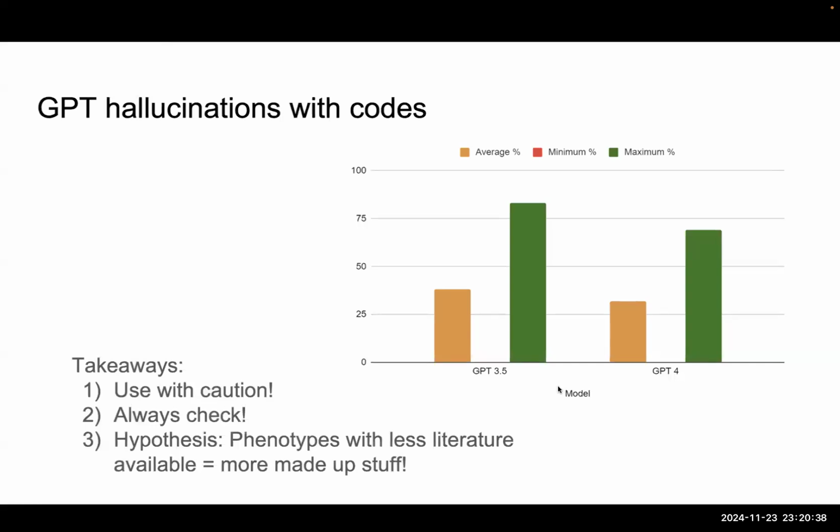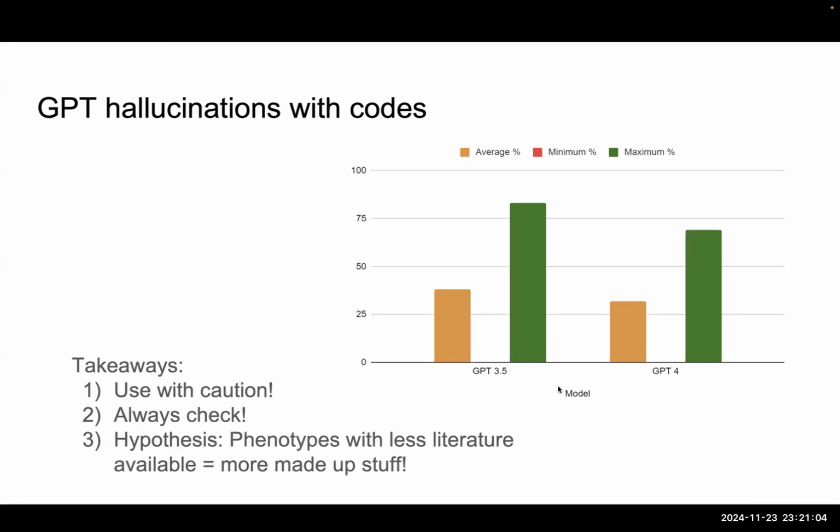What about GPT hallucinations with codes? Here we found that hallucinations were present in both the models, with GPT 3.5 exhibiting a higher tendency for inaccuracies than GPT 4. The results highlight the models' weakness, particularly their inaccuracies and hallucinations.